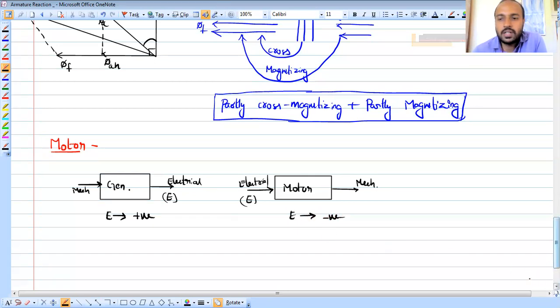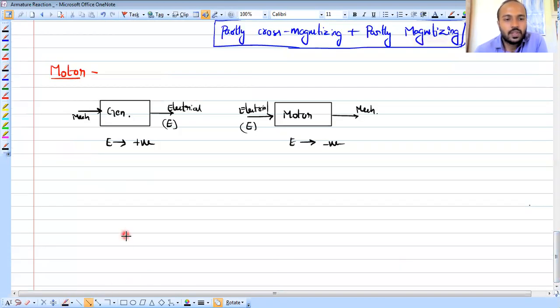So while representing the phasor, I need to represent, this is my main field flux. Sorry, I'll represent once again. This is my main field flux. In case of generator, this is my EMF. And in case of motor, this is my EMF, negative. This is my main field flux. And this is the generator EMF.